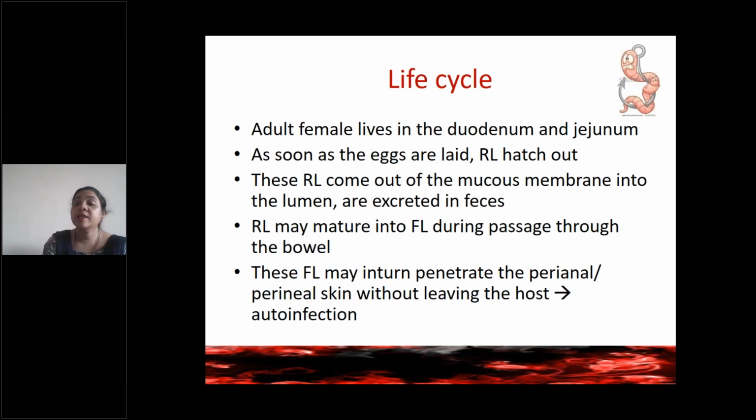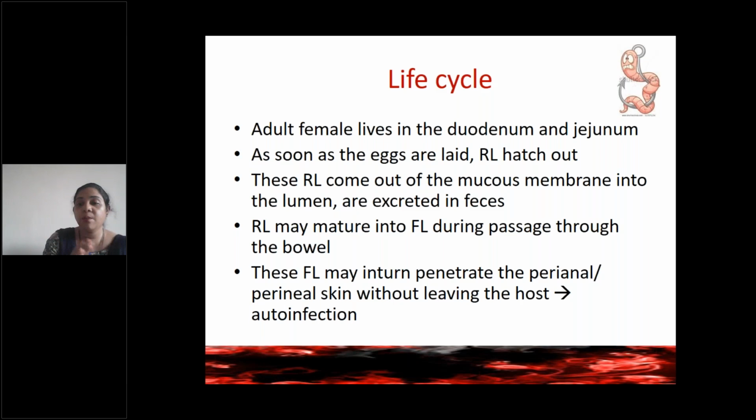See, in case of hookworms, eggs are passed in feces, and in the soil the development of the egg has to take place. Whereas in Strongyloides, immediately when the eggs are laid by the female, while they are inside itself, immediately from the egg, rhabditiform larva will come out.